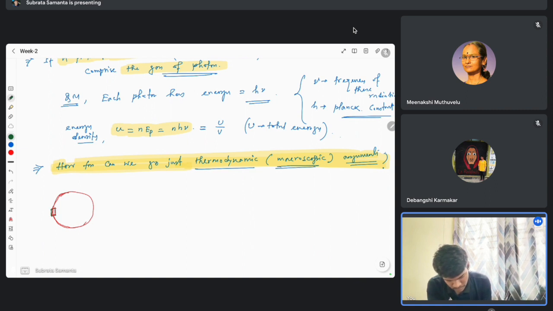This cavity is filled with a photon gas or thermal radiation. This is a spherical cavity, and we consider a small part of its surface with area A, like a detector.